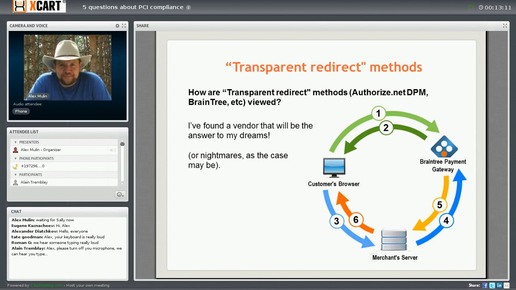Whichever redirect method you may have selected, your customer is transported from your hosted, owned cart and catalog into another company's web page for the purpose of delivering their payment data.